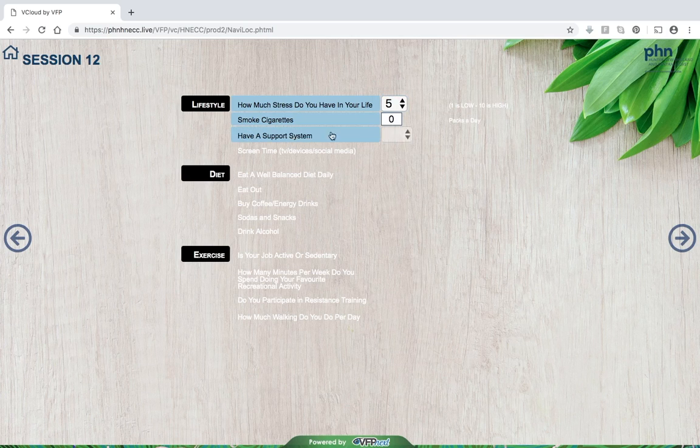They have a support system, yes or no. Maybe at the start they didn't, and now they've got a support system even within yourself, and how they're progressing towards reducing screen time compared with session 1.